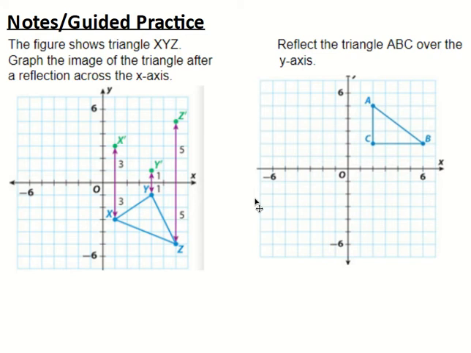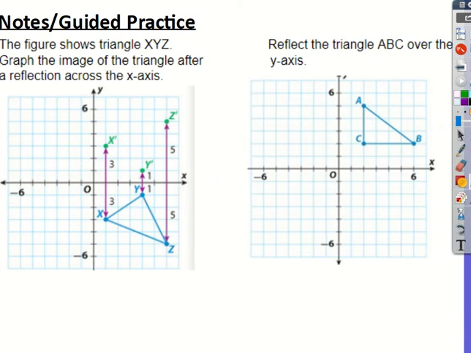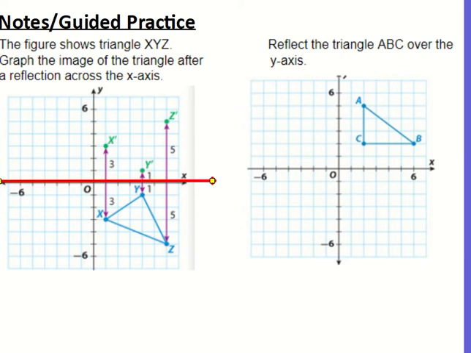So the figure shows triangle XYZ. We're going to graph the image of the triangle after a reflection across the y-axis. So we would consider the y-axis our line of reflection. This is where I'm reflecting it.